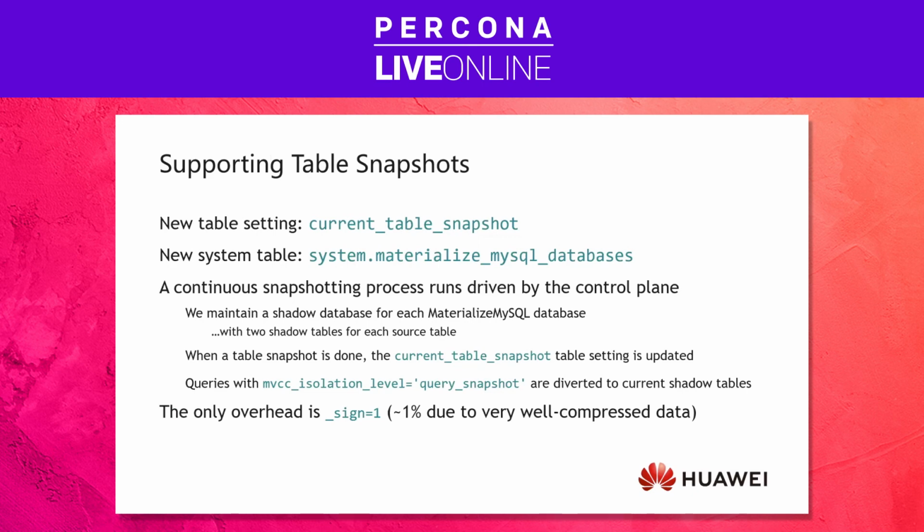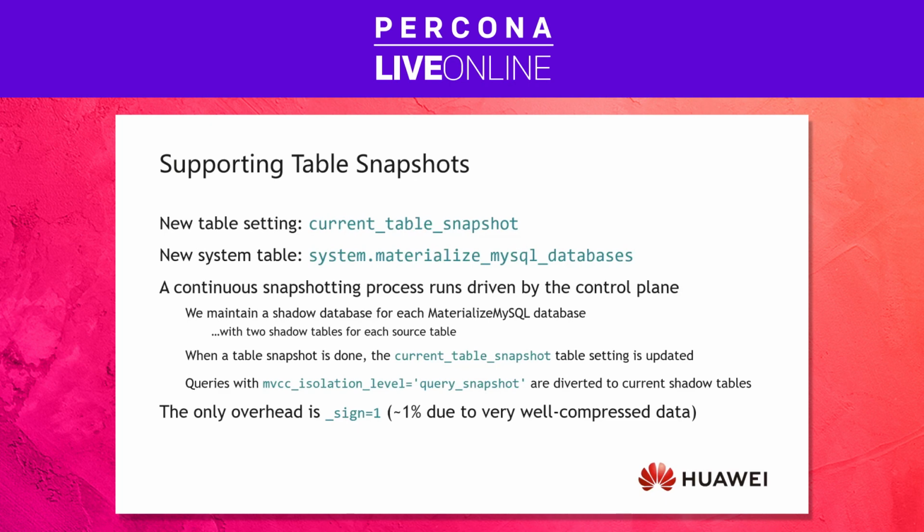So to do the table snapshots, we add a new table setting, current table snapshot. If you don't have snapshots or if none have been created yet, it's going to be 0. Otherwise, it's going to be 1 or 2, and it keeps flipping between 1 and 2. So you serve traffic from one table and then you update the other one, and then you keep flipping back and forth.